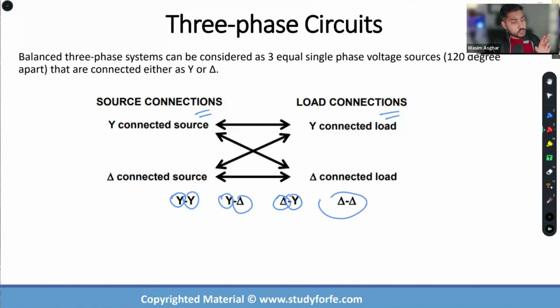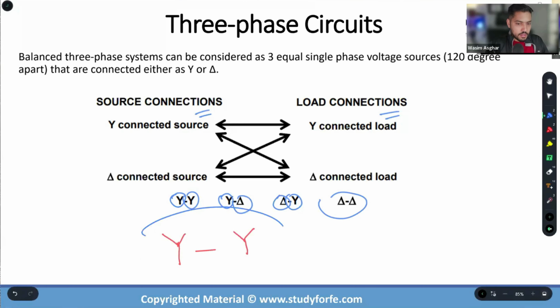Just convert the source into a Y configuration if it is not given in Y configuration, and the load into Y configuration if it is not given in Y configuration. In fact, I tell them during my three-phase review that remember this, YY. Okay, that is the name of the game.